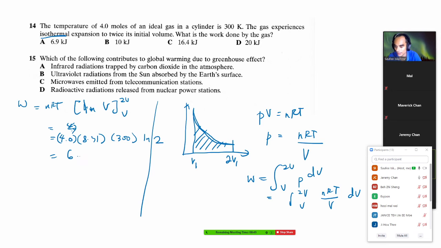So you have 6.9 kilojoule. So 6.9 kilojoule over here. We are just using maths to get the area under the graph of the isothermal curve.